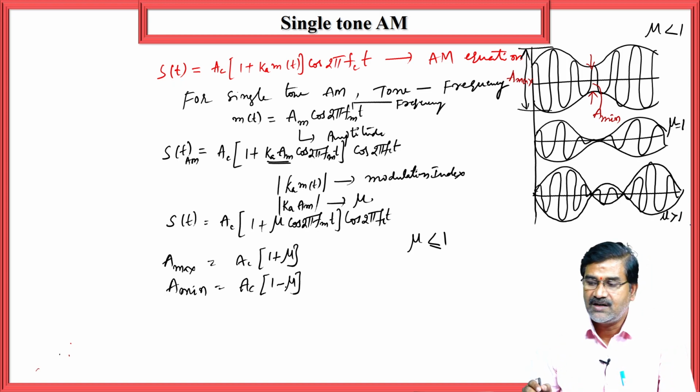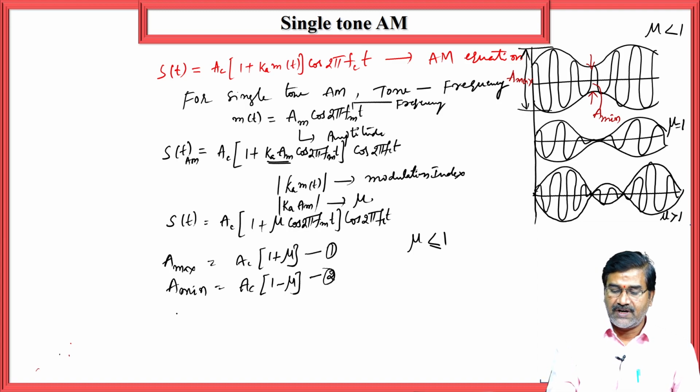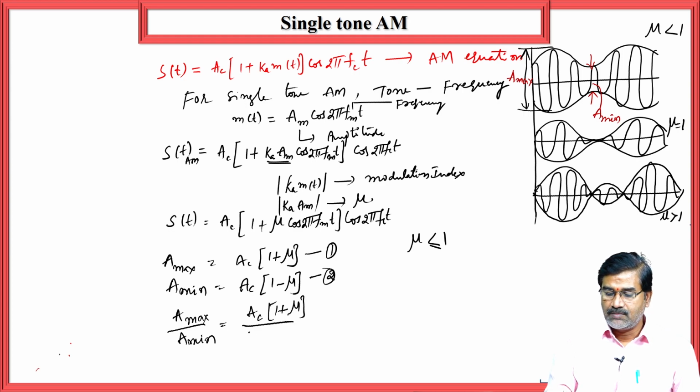We calculate A minimum and A maximum because it is another way of developing the equation for the modulation index. If I write A max by A min, this gives Ac into 1 plus mu divided by Ac into 1 minus mu, which is 1 plus mu divided by 1 minus mu.